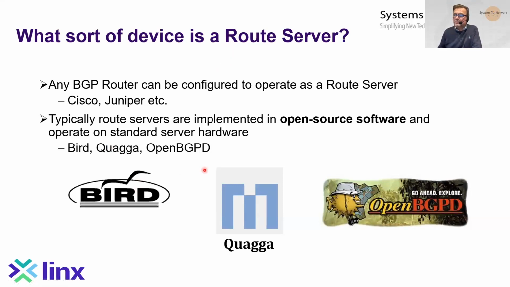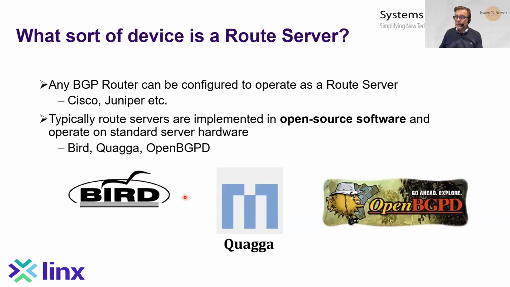The software that is running on those standard servers, in general, is open source software distributed under the GNU public license. And the main three varieties are Bird, Quagga, and Open BGP.